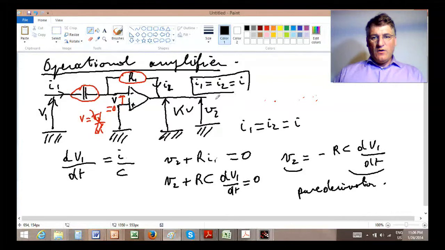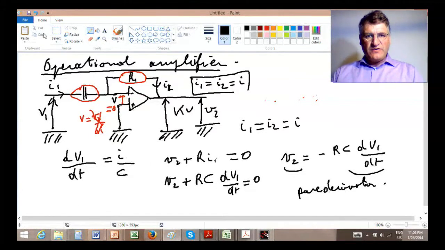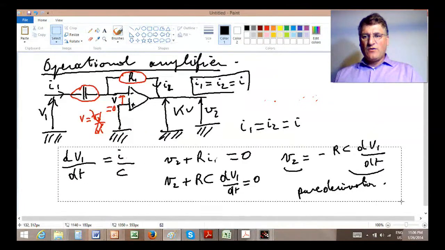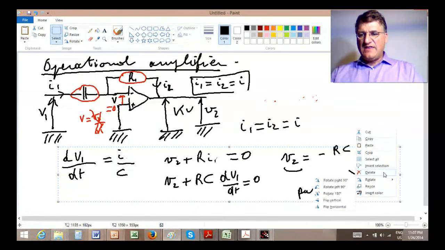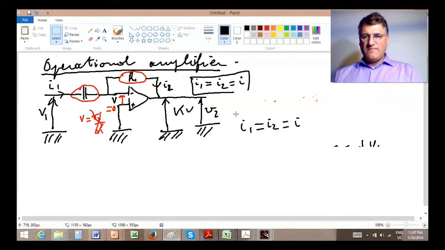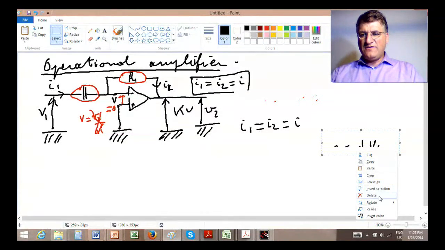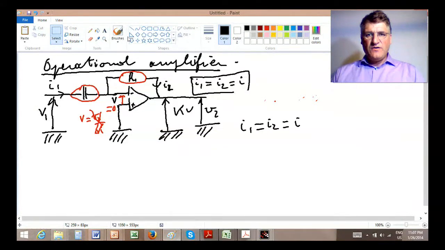Now, we can use this thing for other purposes. If you swap the role of the capacitor and that of the resistor, so if we put a capacitor here of capacity C and a resistor here of resistance R, what do we obtain?